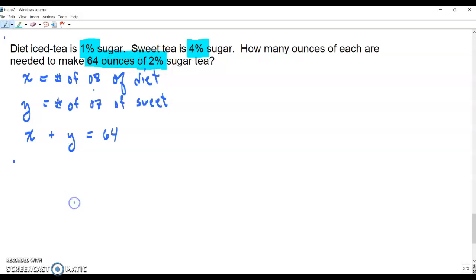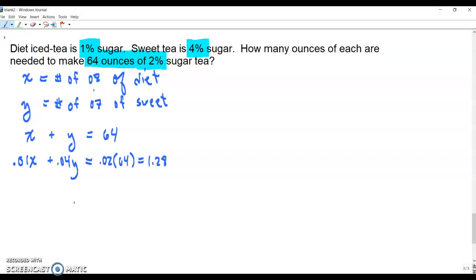All right, so hopefully you said it would be 1% of X, 1% of the diet, plus 4% of the sweet equals 2% of the total. And what is 2% of 64? I need the calculator for that. I get 1.28.